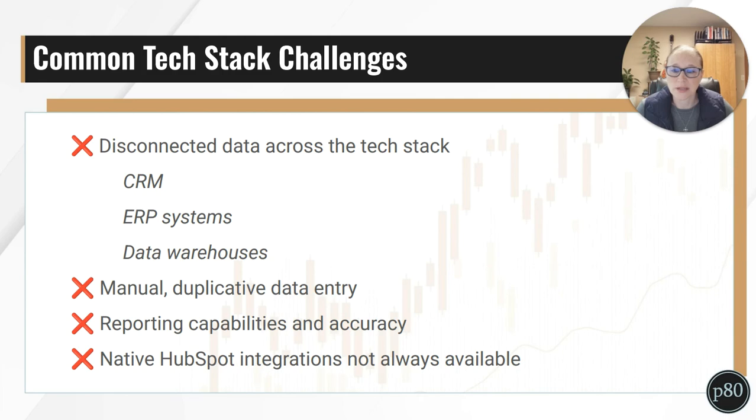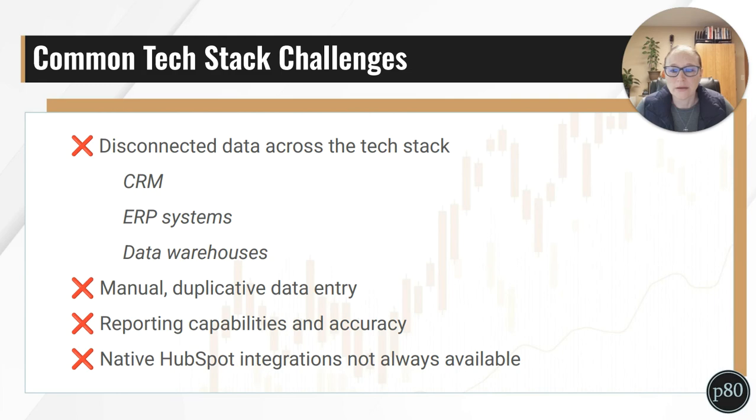A lot of times we see manual entry that is duplicating efforts for really everyone on the team. One team is entering it in CRM, another team is entering it in your ERP systems or data warehouses, etc. Reporting can also be a big challenge because we have data across different systems and we really don't have one central place to be able to pull accurate reporting.